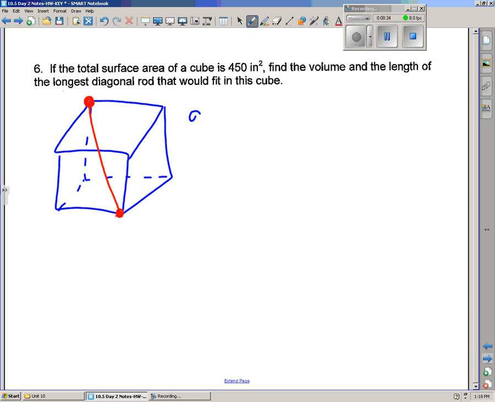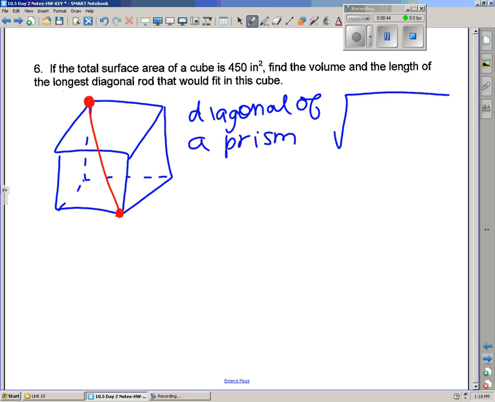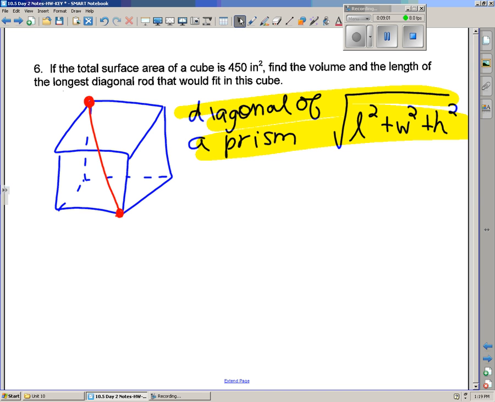So diagonal of a prism, and this is the formula that you're going to need to have memorized. It's going to be the square root of the length squared plus the width squared plus the height squared. Okay, so this is a formula that's going to be memorized by you. And it's based on the Pythagorean theorem.